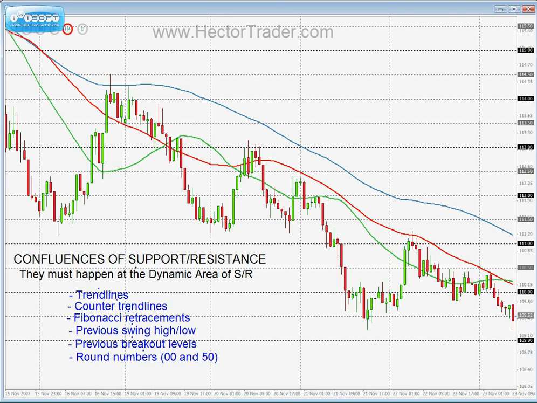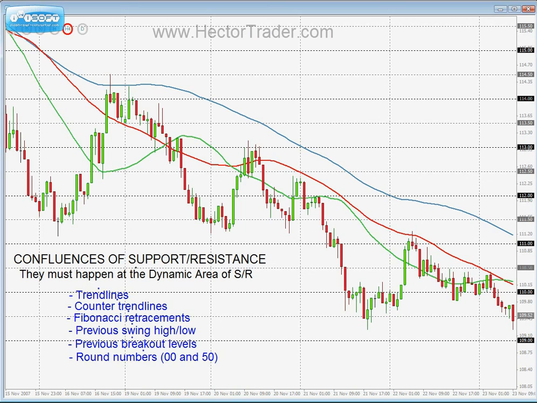Of course, there is much more to the system than just that. Of course, you gotta use proper money management. You gotta use proper stop loss placement, proper profit taking levels, proper entry signals, etc., etc. There are many more elements to my system, but for the time being, I don't want you guys to worry about all those elements.